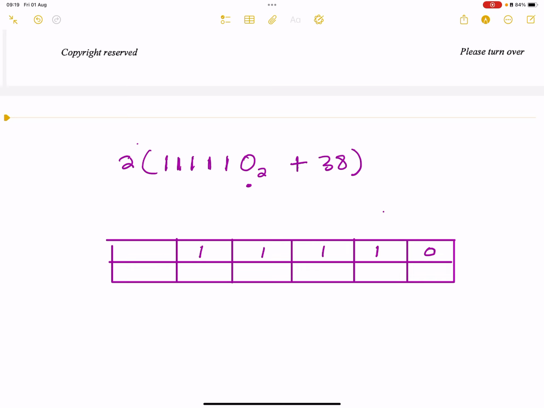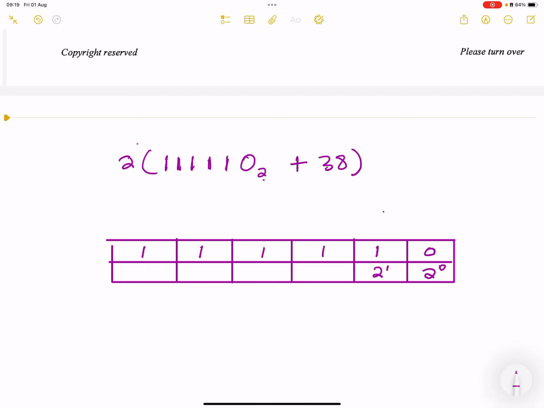The first digit from the right has base 2, because this is binary, to the exponent 0. The second one is 2 to the exponent 1. They increase as you move to the left.